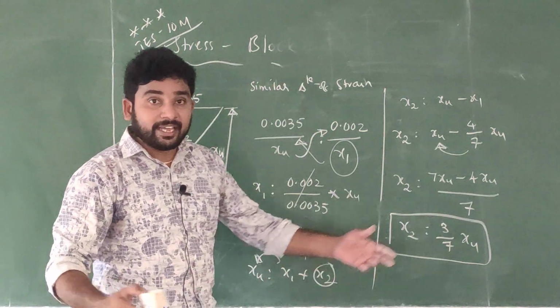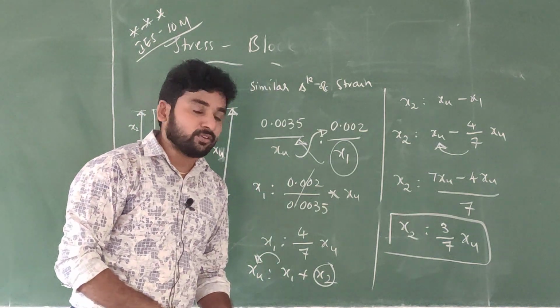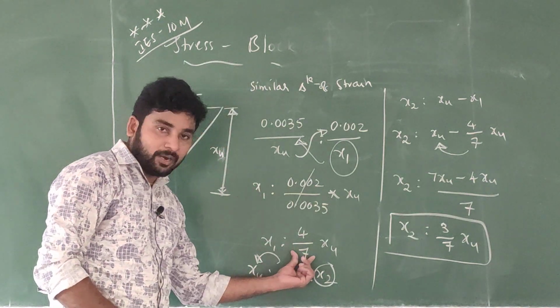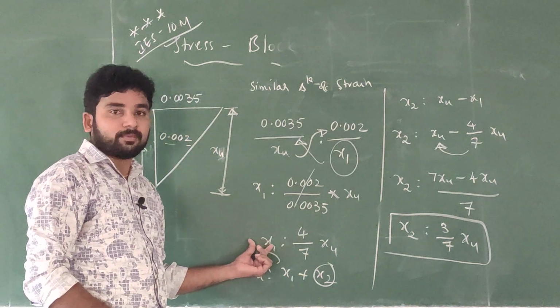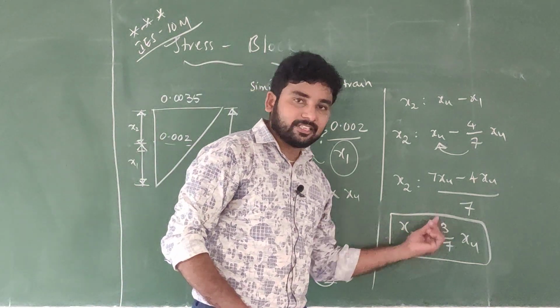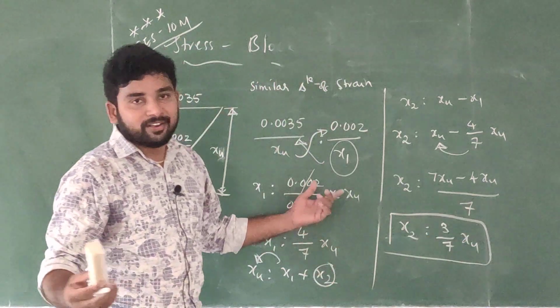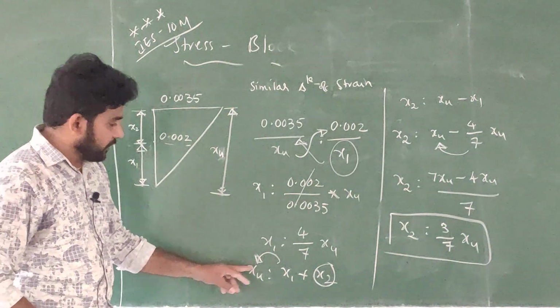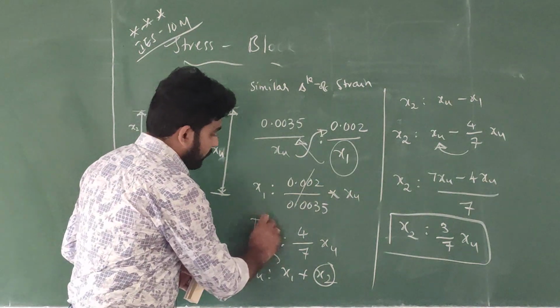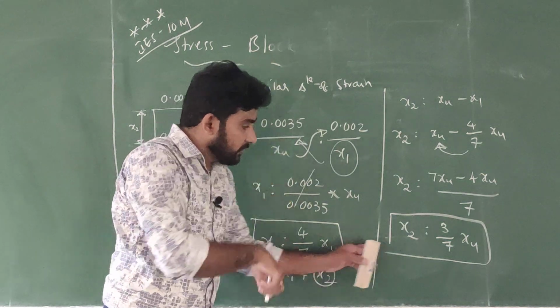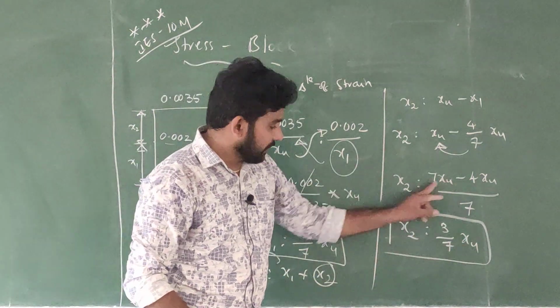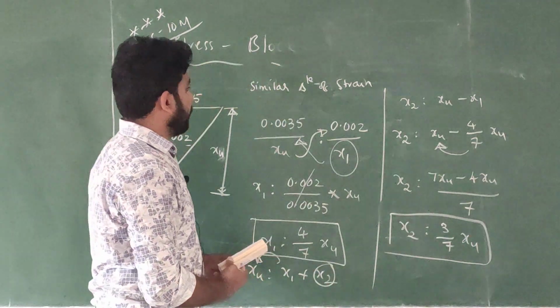Even without calculating, we can find out: out of 7 parts, 4 parts are x1, so what about the remaining 3 parts. Therefore, x1 equals 4 by 7 xu and x2 equals 3 by 7 xu. Put it in the box.